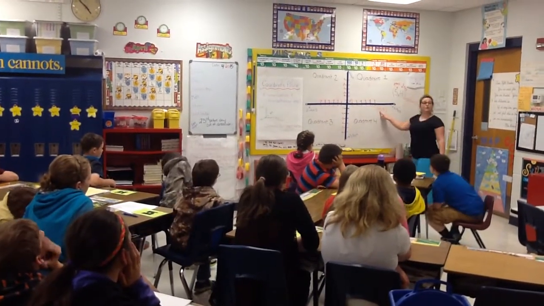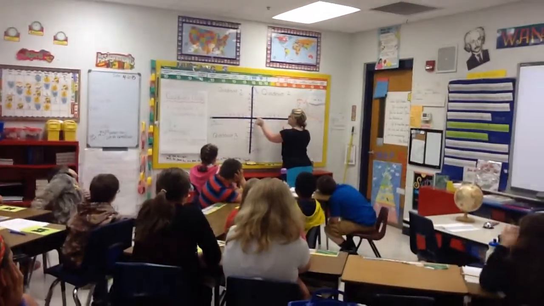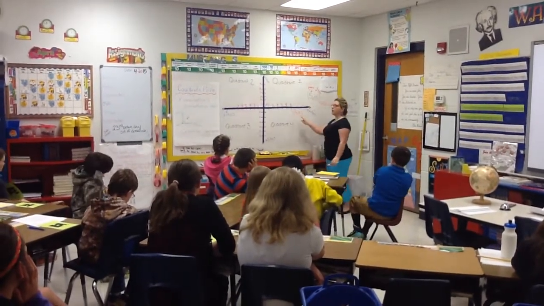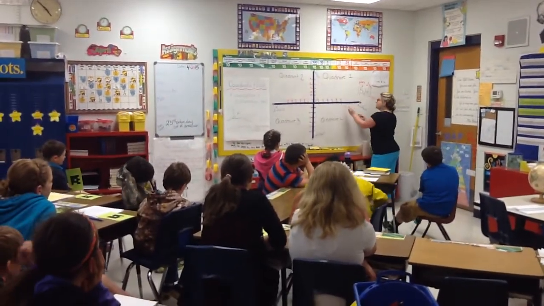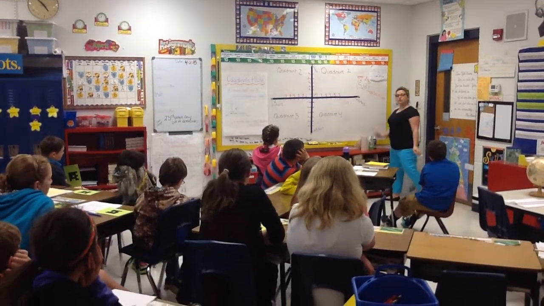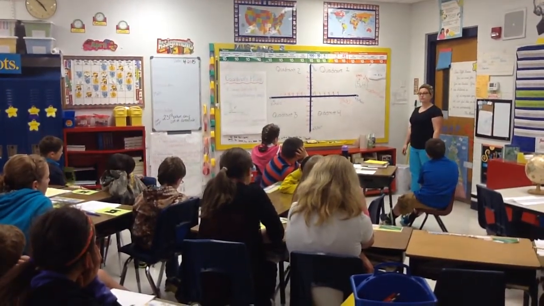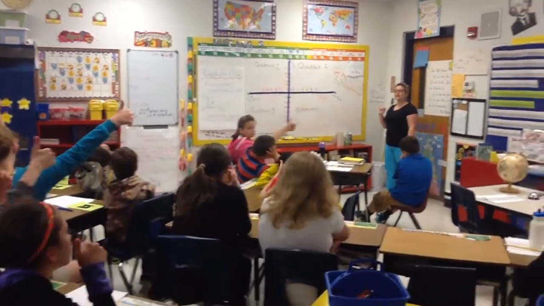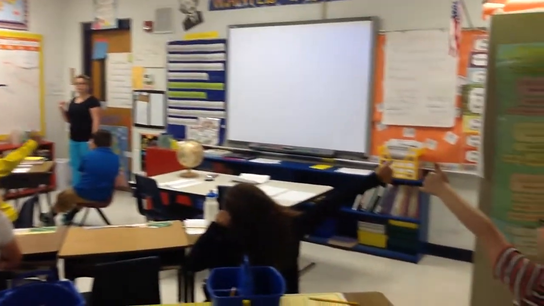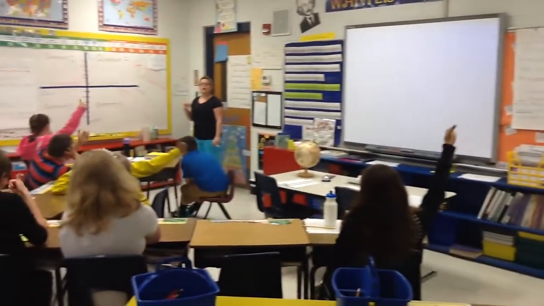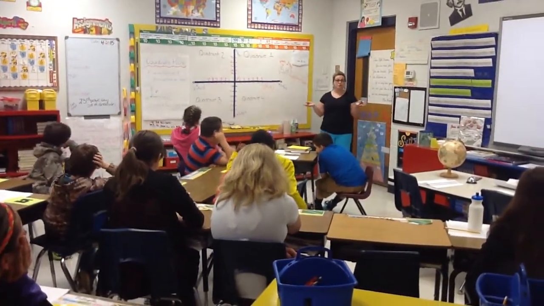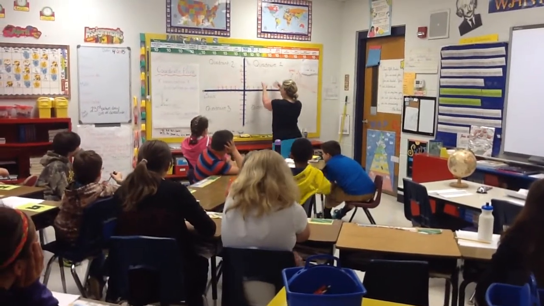Because I did go over 5 on my x-axis, didn't I? 1, 2, 3, 4, 5. But how much did I go up or down on my y-axis? 0. So is this an exact location on this coordinate plane? Thumbs up for yes, thumbs down for no. It is, because sometimes you may move on the x-axis and not the y-axis.